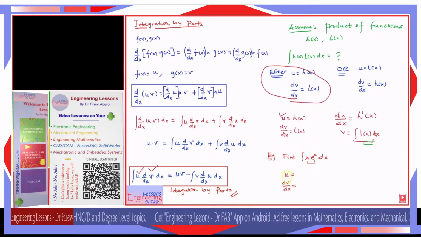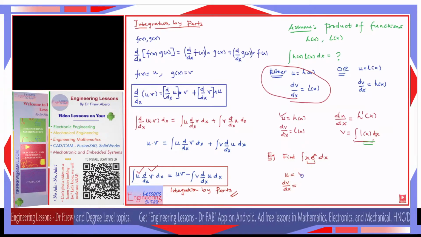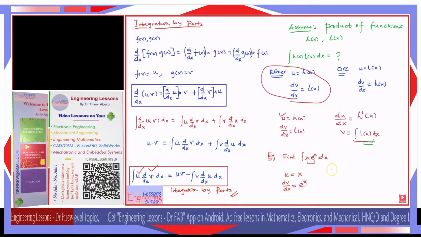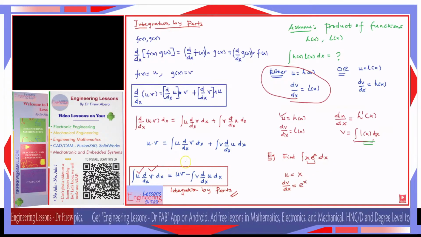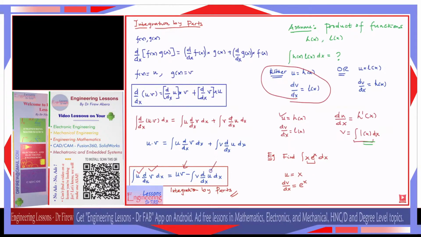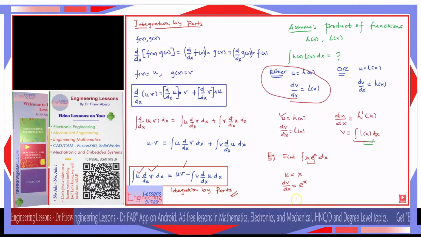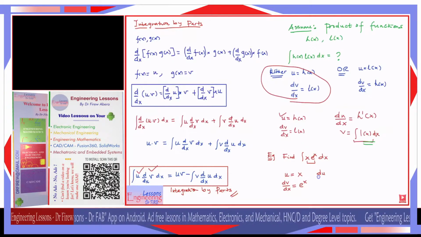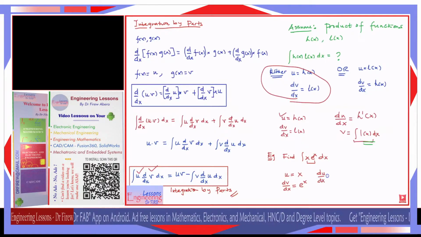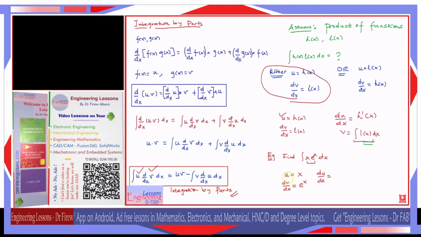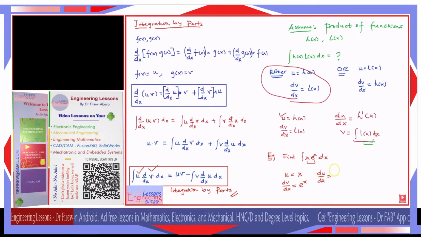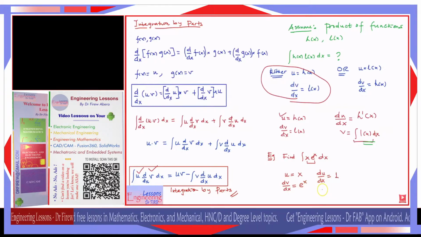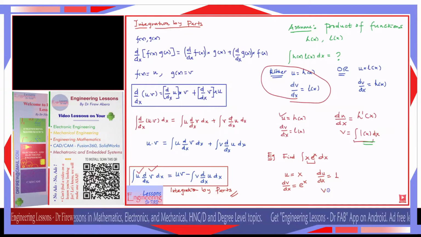For example, if I now choose u to be x and dv by dx to be e raised to x, then my task is to find what v and du by dx are. Du by dx is the derivative of x, which is 1, and that's easy. The other task is to find v.